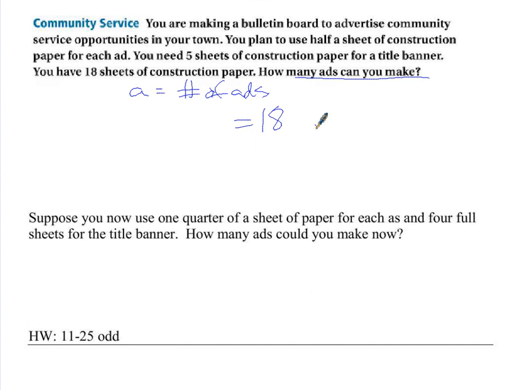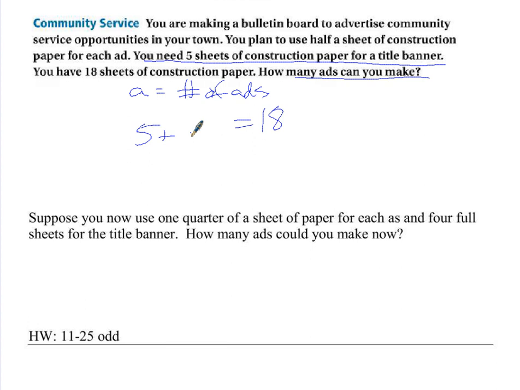Right, good. You need 5 sheets of construction paper for a title banner. Automatically, you have to have that, okay? So however many sheets over here I use, 5 of those sheets are going to go towards that title banner. So I'm going to write 5 plus, because I'm going to use more than that.